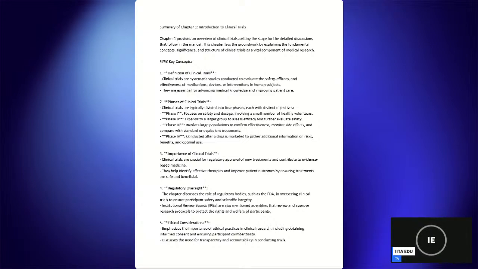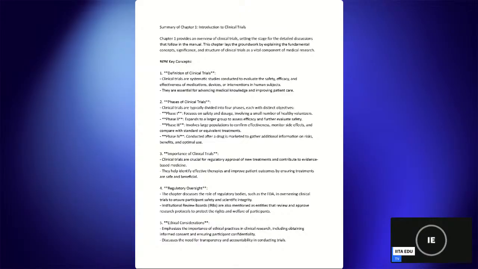When we say healthy volunteers, we mean people who have no comorbidities, probably young people most of the time, and may also not involve women if they are still in their reproductive years, except the study is for women, or they may have to use at least two kinds of contraceptives, because we're only testing for safety in phase one.